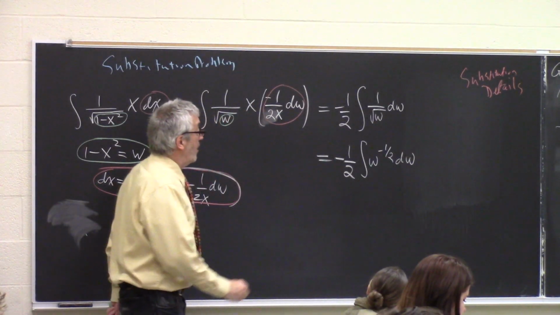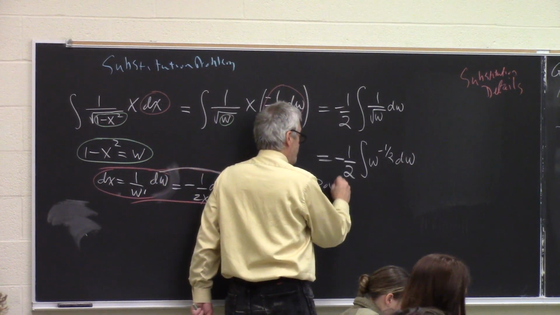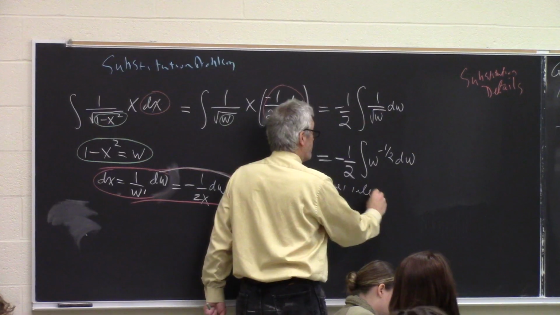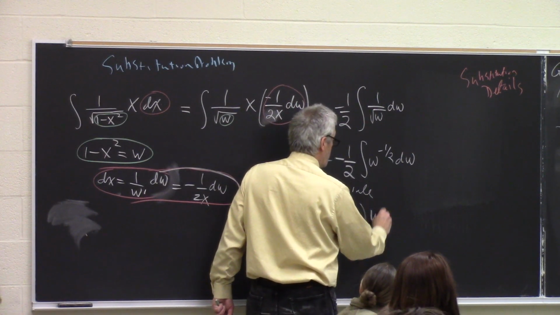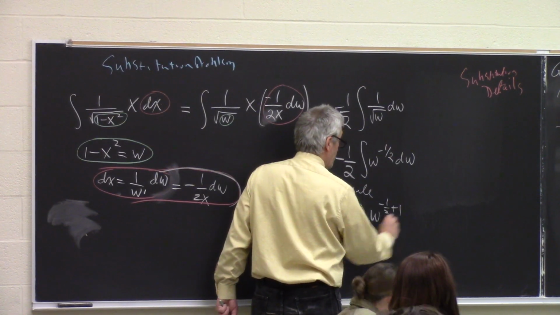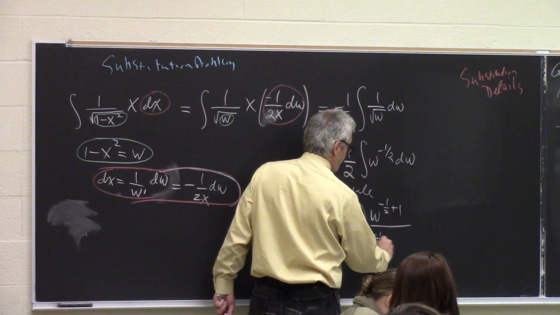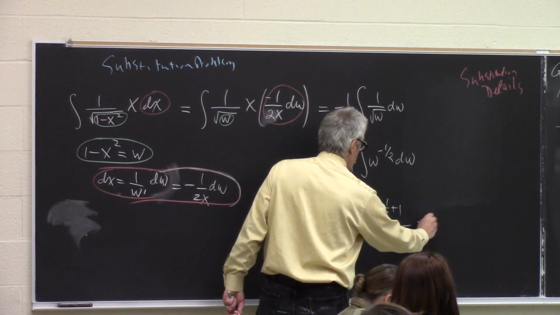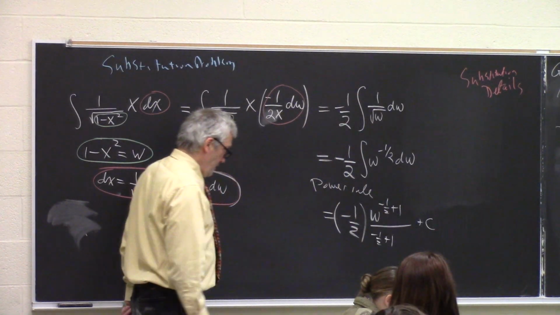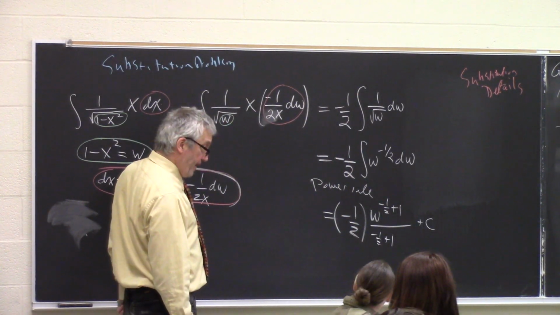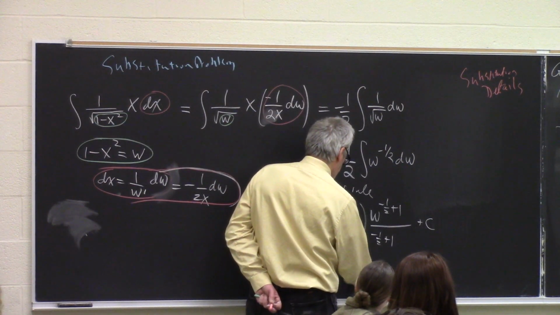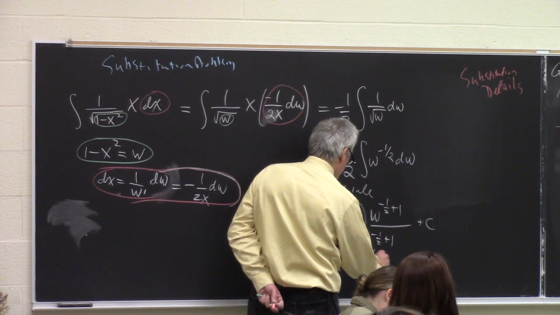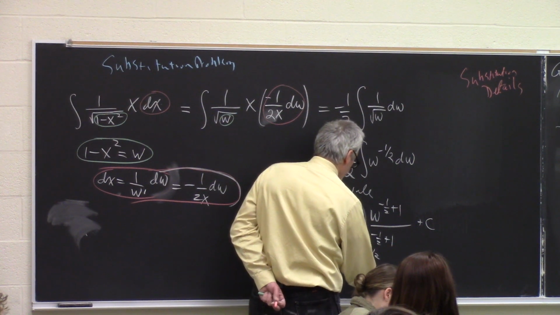And we can use the power rule for integrals. So minus 1/2 times w to the minus 1/2 plus 1 divided by minus 1/2 plus 1, plus c. So minus 1/2 plus 1 is 1/2. So this is minus 1/2 times w to the 1/2 divided by 1/2.